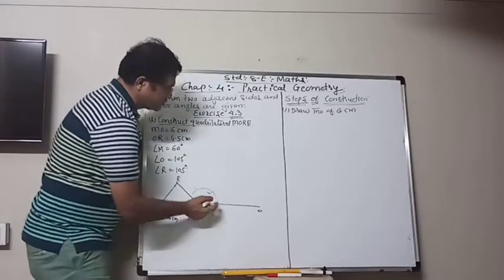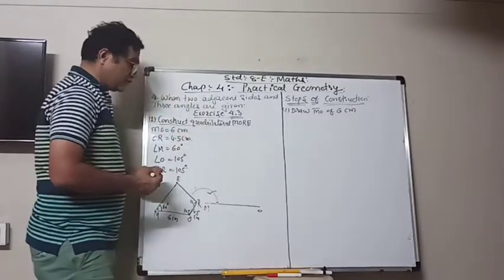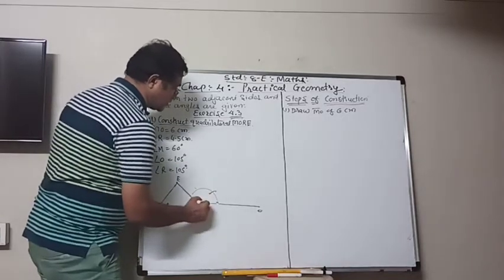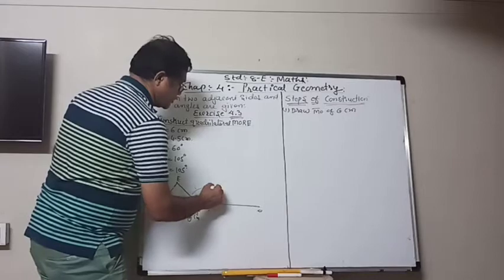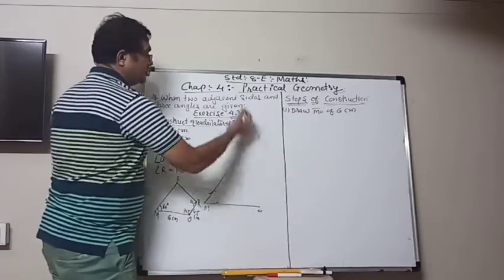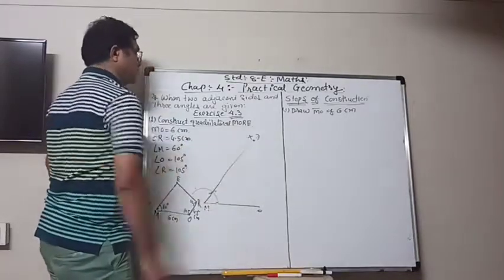So here you will get a cross, and from that cross we have to draw a line segment, a ray. I extend it because we will need it later.